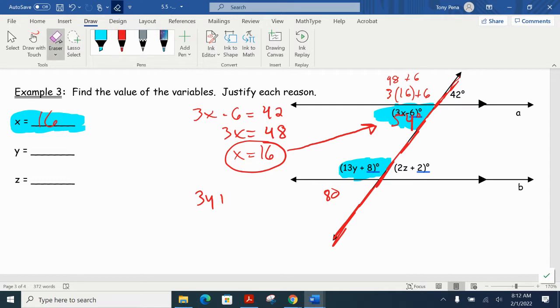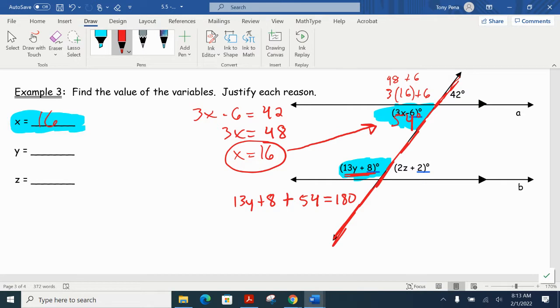What that now allows us to do to set up our equation, now I don't have two variables. I'm going to take this 13y plus 8. I don't have to worry about saying 3x minus 6 anymore. I know that's a 54 degree angle. And when we add those up, since they're supplementary, those must equal 180 degrees. All right, follow that?